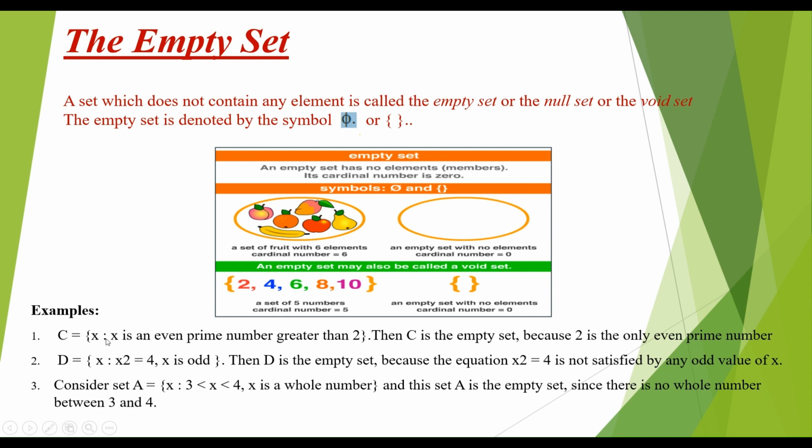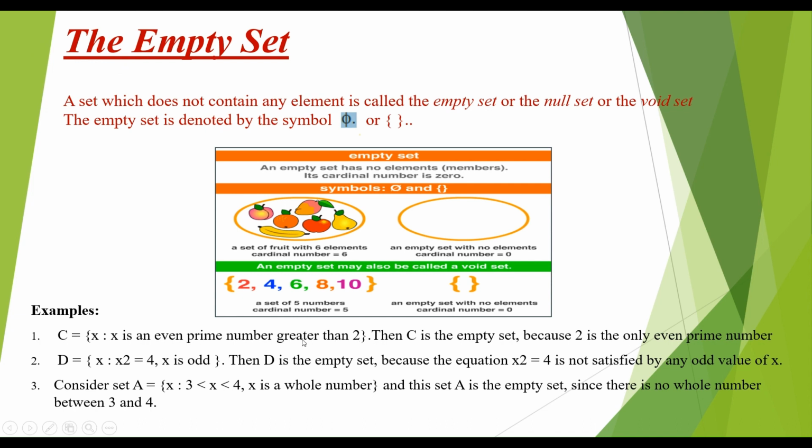C is equal to {x : x is an even prime number greater than 2}. Now tell me, is this a null set or not? What are prime numbers? Numbers which have only two factors. And the even prime number is only one number, that is 2.